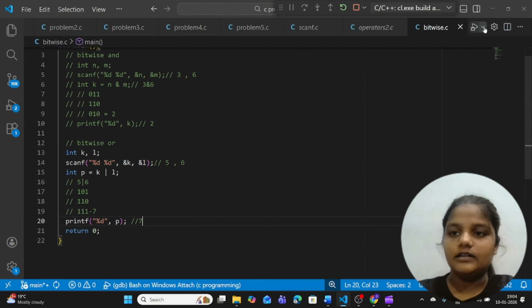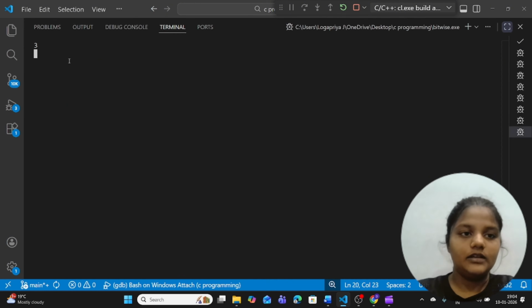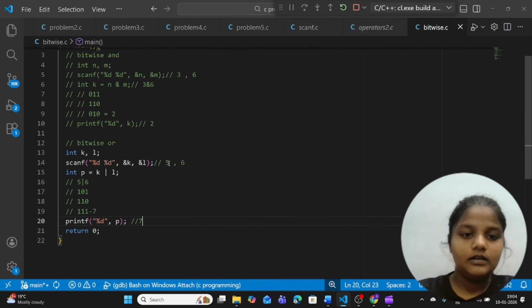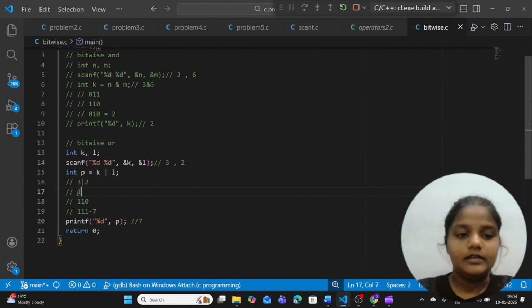If I give another value, 3, 2, we have got 3. How? Now 3, 2, right? So here it will perform 3 OR 2. What is the binary value of 3? 11.